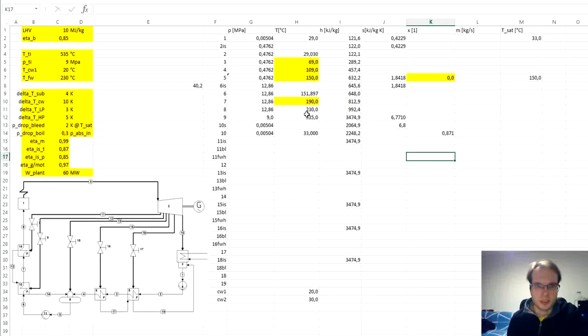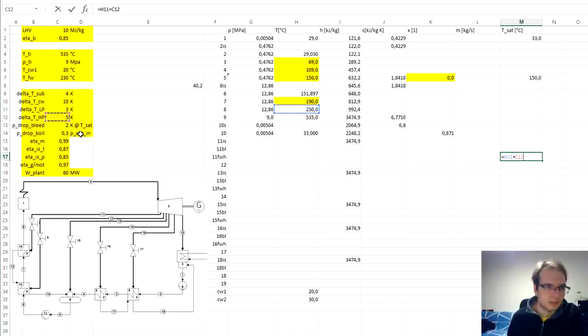leave exactly at the saturated liquid point, but there will be certain subcooling. In our calculation, it means that if we know the temperature at point 8, the saturated temperature at point 11, at the inlet of the feedwater heater, will need to be higher by the minimum temperature difference. So point 11 feedwater heater has the saturated temperature as temperature 8 plus delta T minimum for the high pressure part of the cycle.